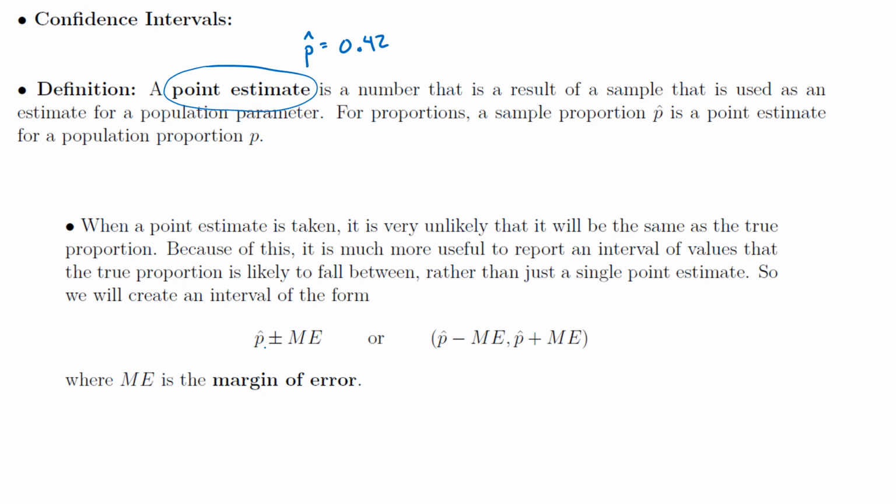So what we want to do is take our point estimate, our sample proportion, and then add and subtract some amount that we refer to as the margin of error.